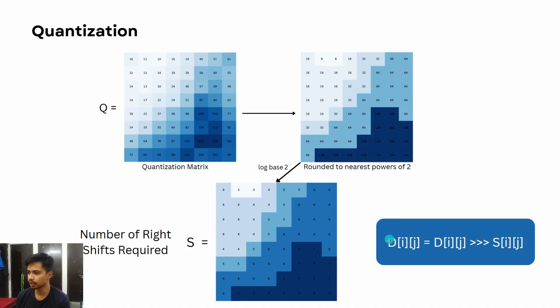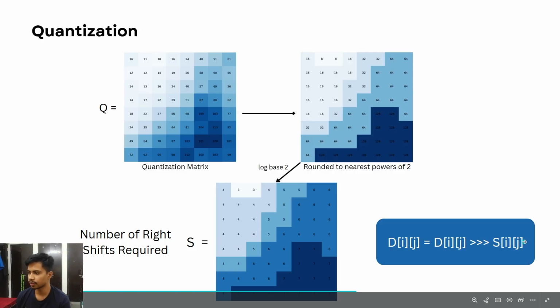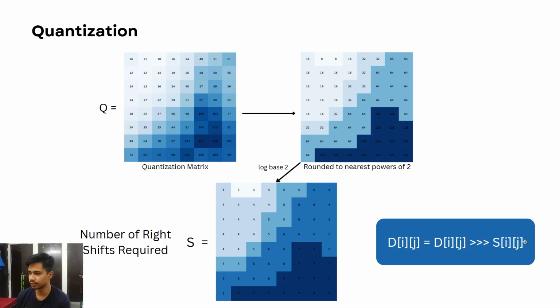Now we use the given formula to shift, which is like division, for each of the DCT coefficient values. This process makes sure that we are eliminating the high frequency components of the DCT coefficients, since we will only need the low frequency components.